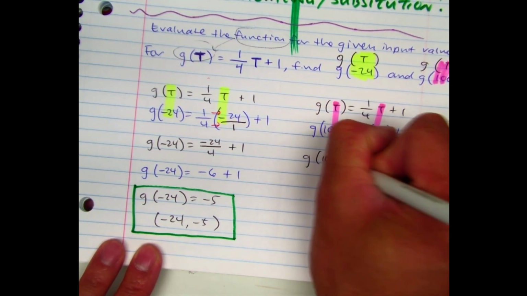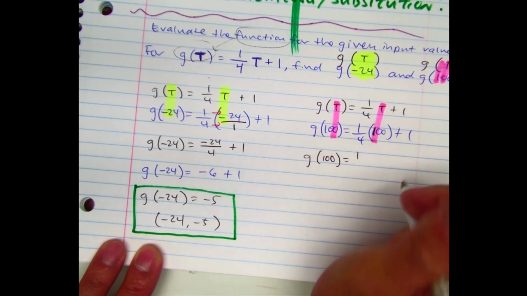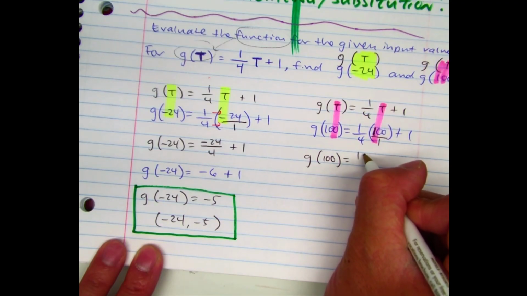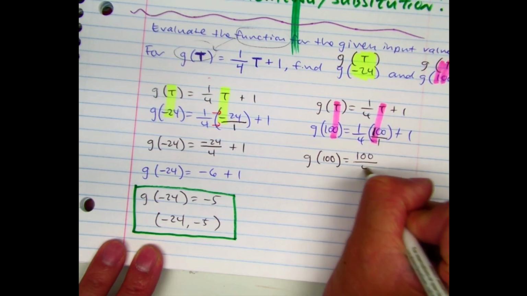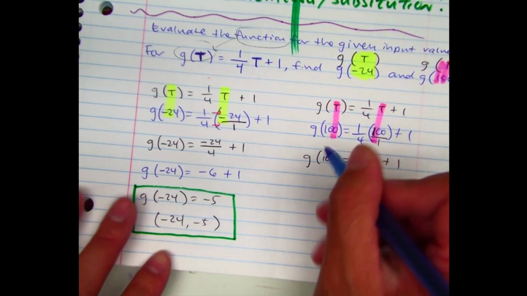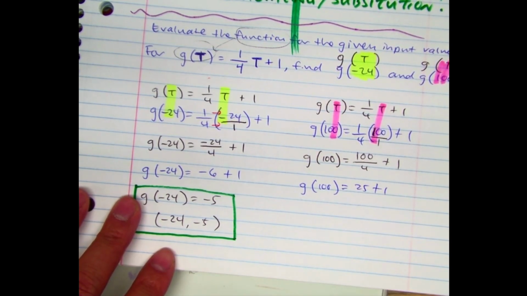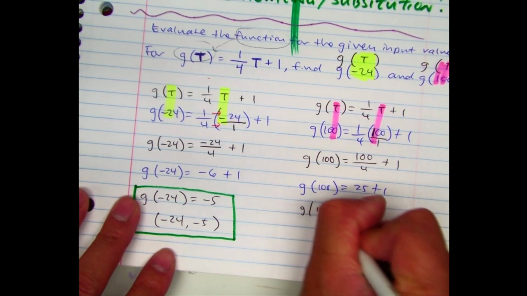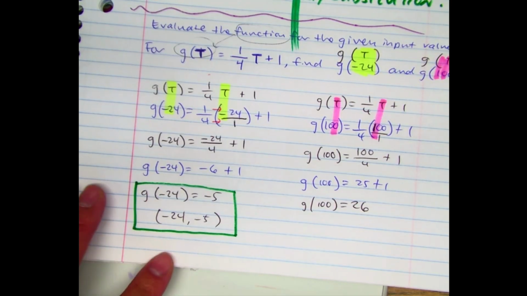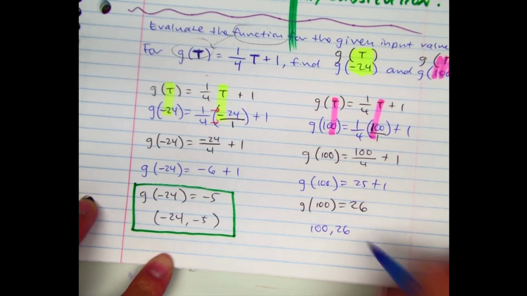That's a 100. How do you make 100 a fraction? What's in my numerator? 100 over 4. 100 divided by 4 is? 25 plus 1 is? G of 100 equals 26. Therefore, my ordered pair is 100, comma 26.